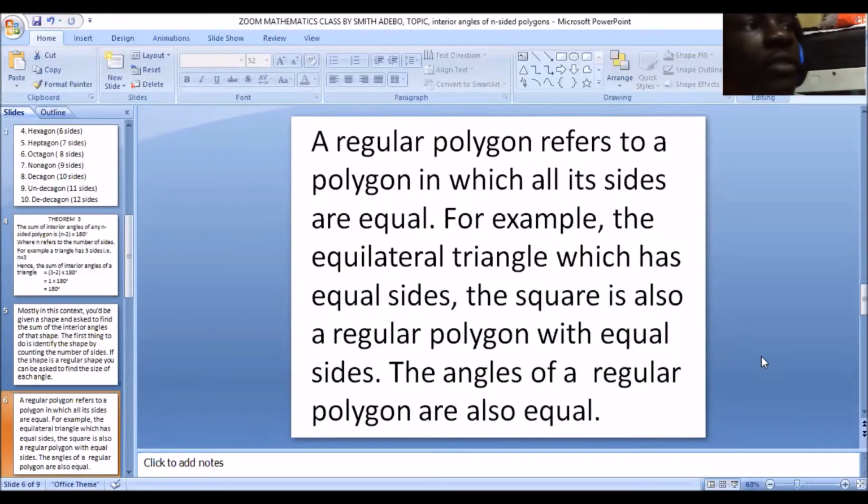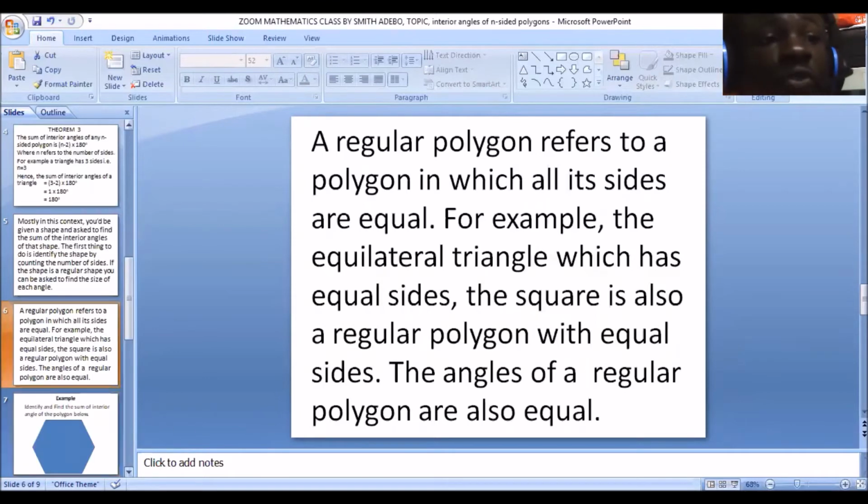So a regular polygon is simply a polygon with equal sides, for example, the equilateral triangle, like I told you, the square. The sides are equal, and the angles too are equal.